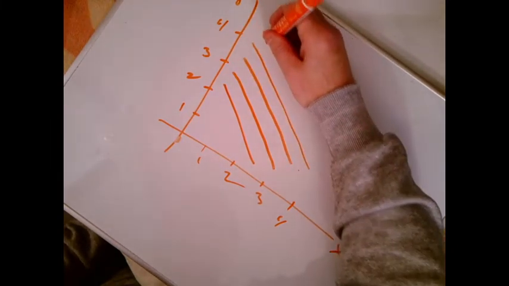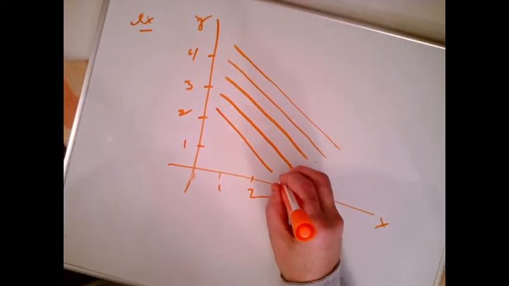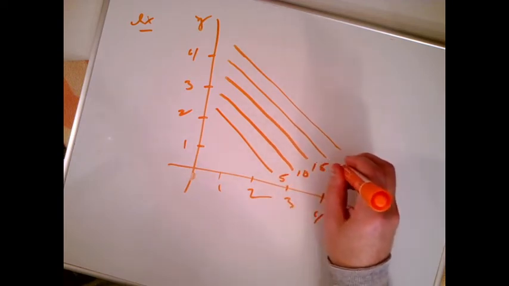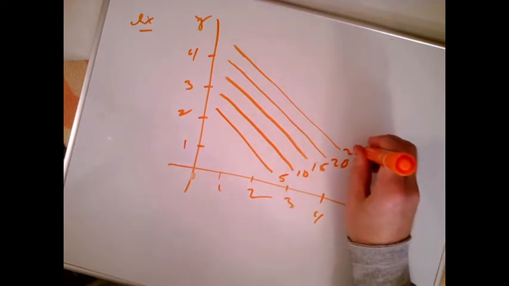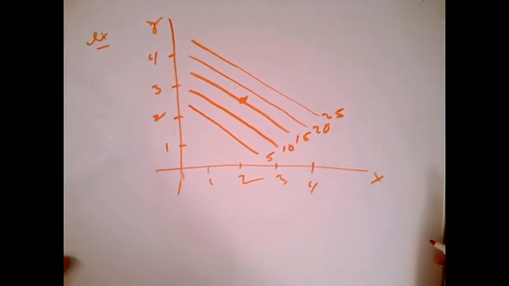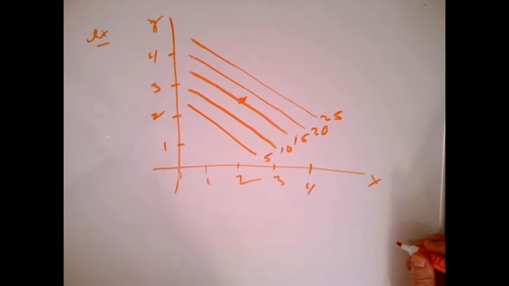Now when we're finding slopes, we like to zoom in until it looks linear anyways. Let's just put some z values on here. How about z equals 5, z equals 10, z equals 15, z equals 20, z equals 25. And I'm looking at a point, and I want to say, what's the direction of the gradient vector? Well, I know how I can make the slope decrease.